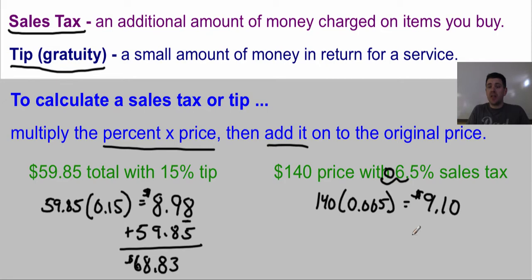That's the amount of sales tax you're going to pay, plus the $140 that it cost, means you're going to pay a total of $149.10.